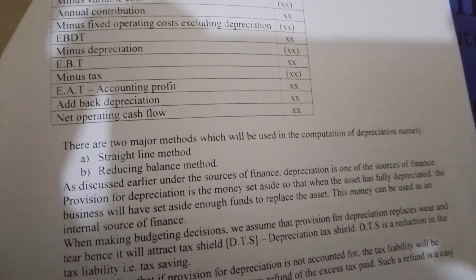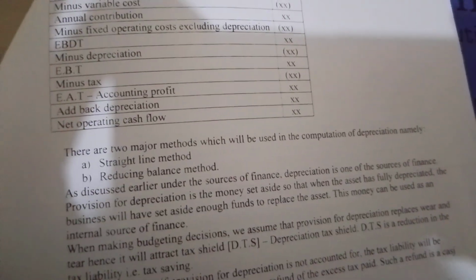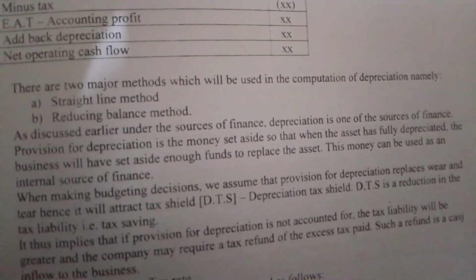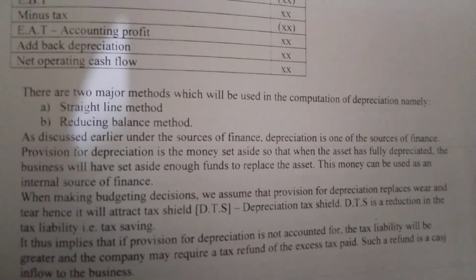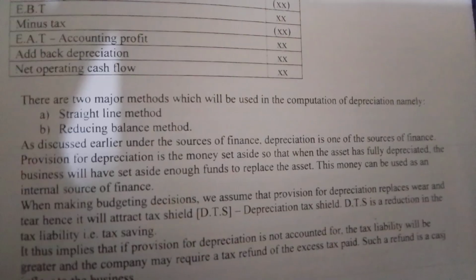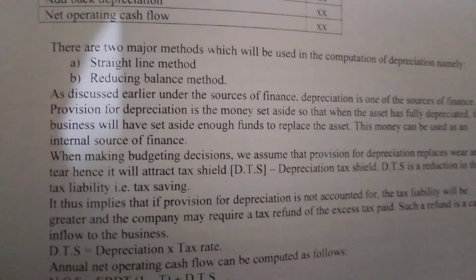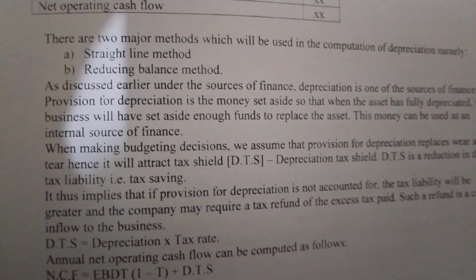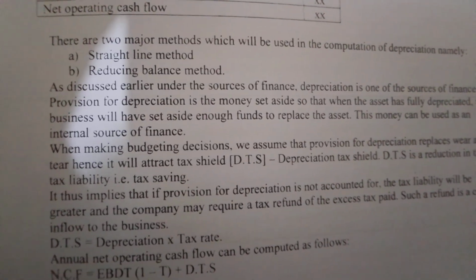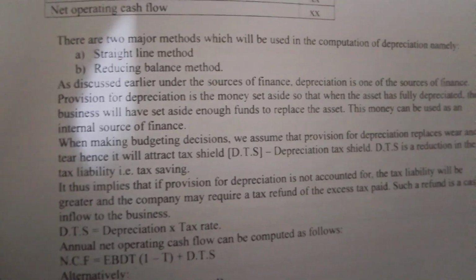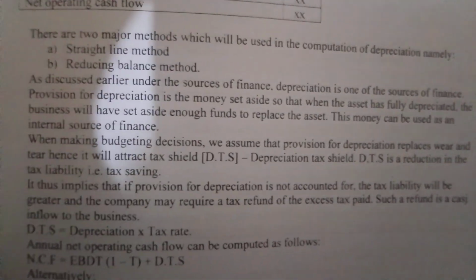DTS is given by depreciation per year times tax rate. Let's continue. There are two major methods which will be used in computation of depreciation, namely straight line method and reducing balance method. Most of the times, straight line method in financial management is the common method.